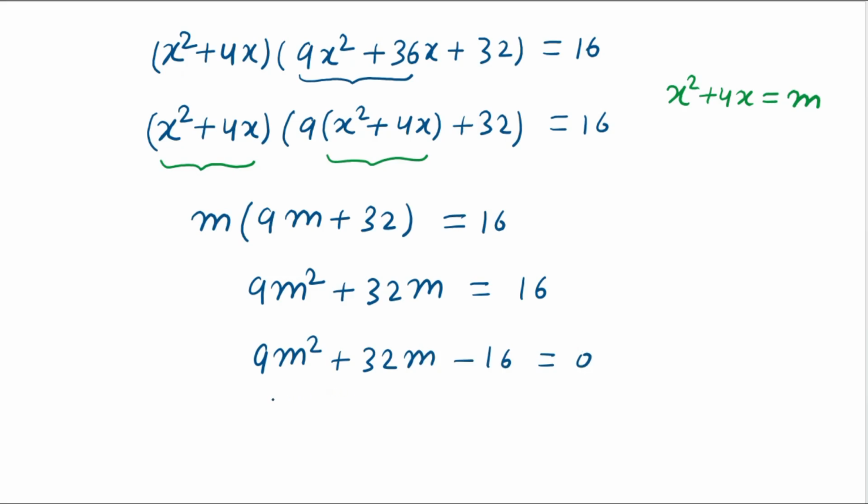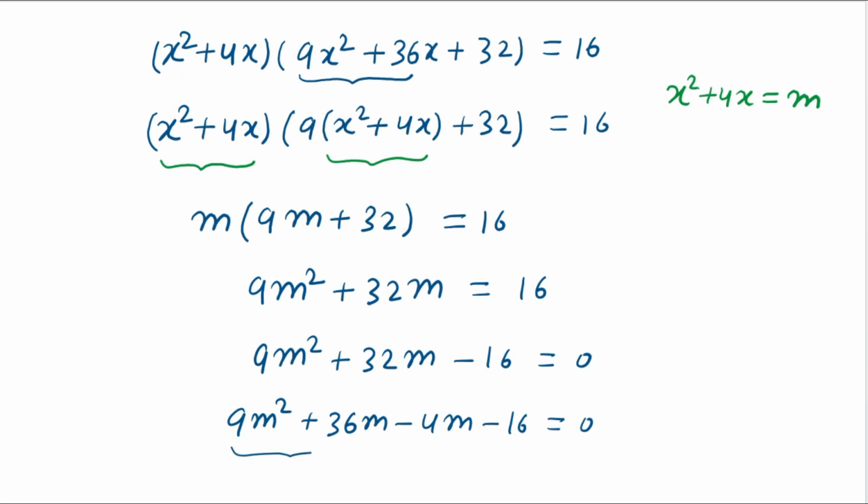On the left hand side we have a quadratic equation in terms of m. Here we will apply middle term split and then find out the value of m. 9m square plus 32m is 36m minus 4m, and here minus 16, this is equal to 0.